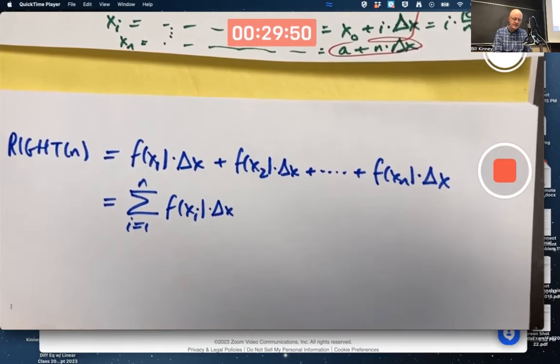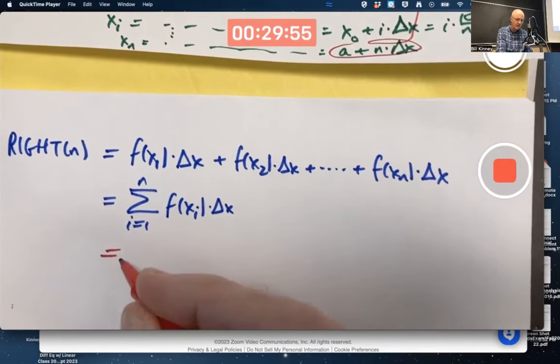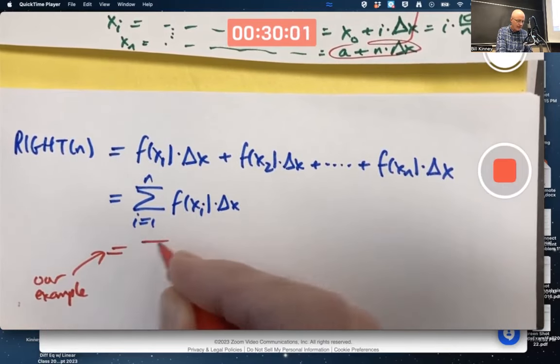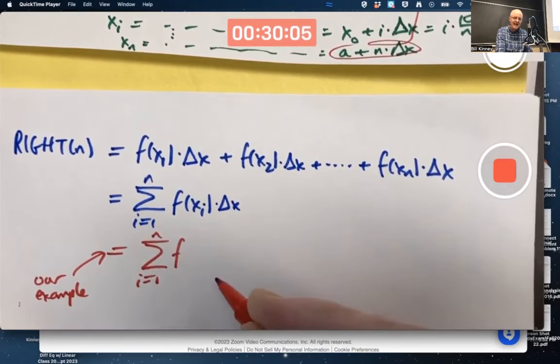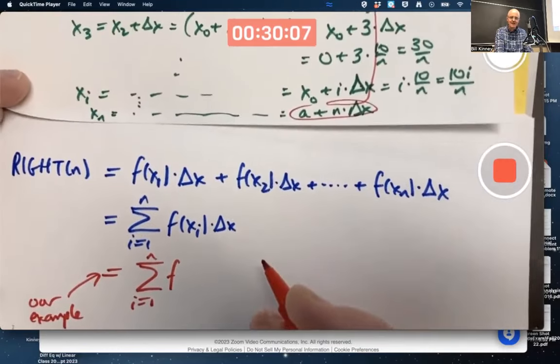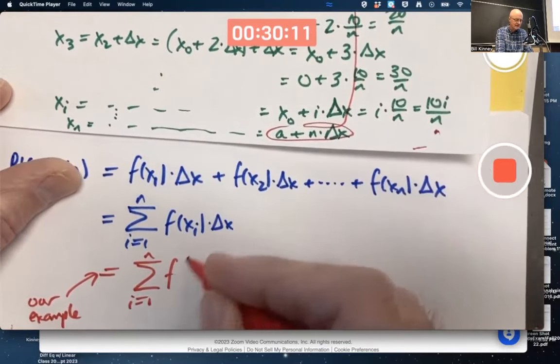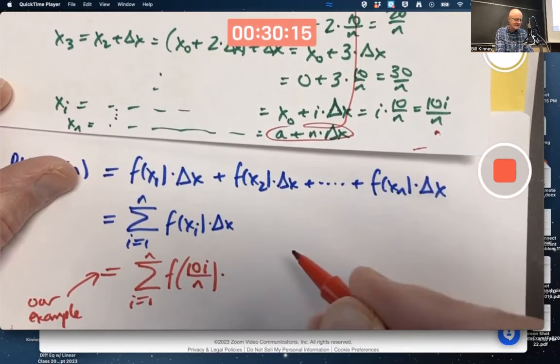What does this equal for our example? For our example, what is xi? It's 10i over n, right there. What is delta x?